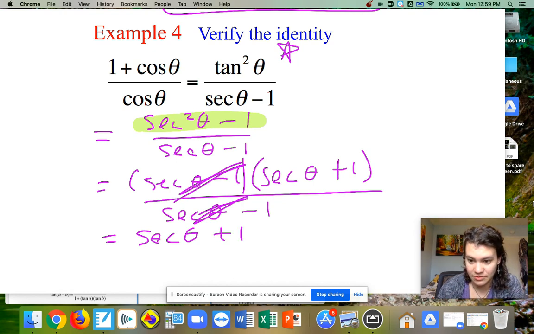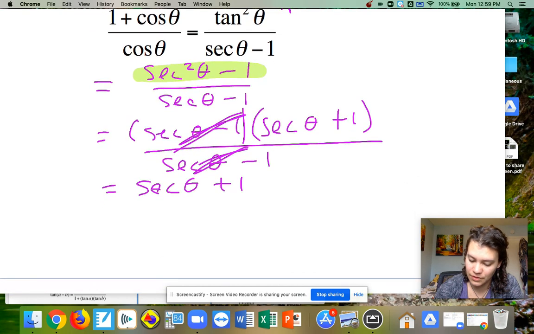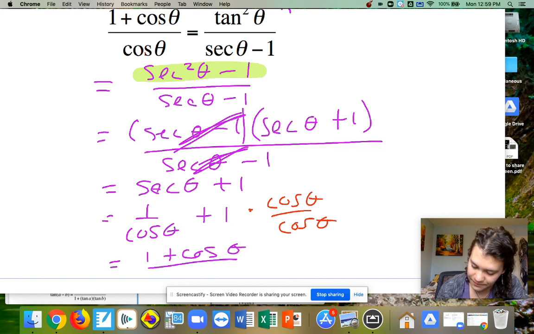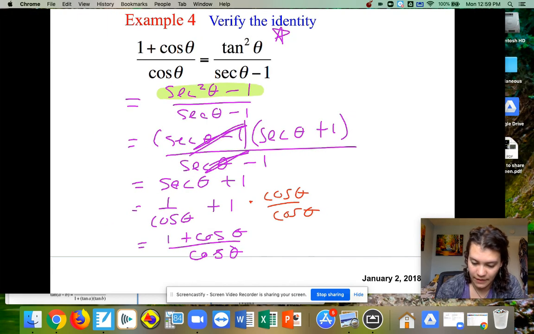And now we want to get into our cosines. So I'm going to rewrite this as 1 over cosine of theta plus 1. And then to combine and get common denominators, this can be multiplied by cosine of theta times cosine of theta. We'll get 1 plus cosine theta on the bottom and cosine theta on the bottom there. And that's what we wanted.